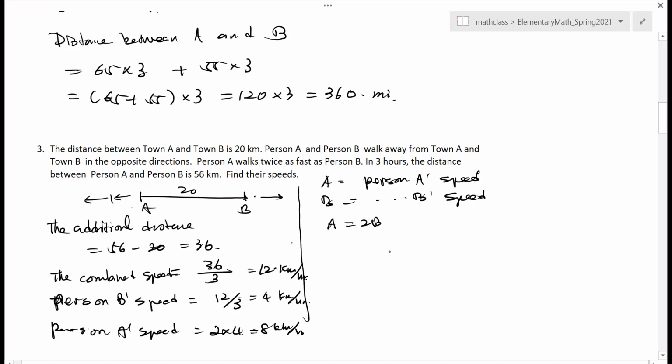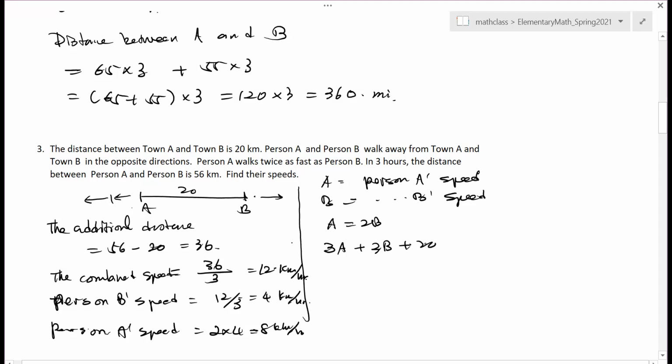Then what I can do is calculate the distance in 3 hours. In 3 hours, the distance person A travels would be 3 times A. The distance person B travels is going to be 3 times B, because time times the speed.